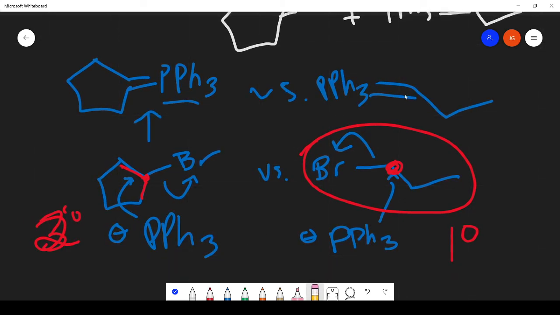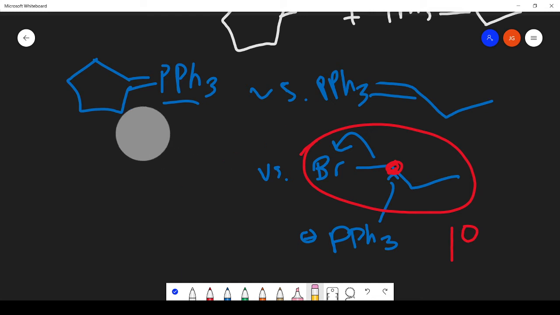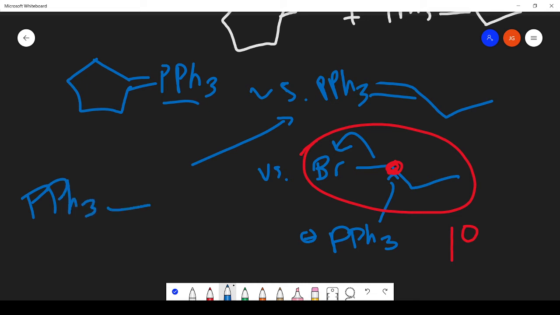You might ask, well, okay, but SN2 reactions don't form double bonds, and you're correct. SN2 reactions do not form double bonds, which is why you can write this differently. You can write this like this. So PPh3 single bonded to a carbon, but you're going to give a positive charge to the PPh3 and a negative charge to the carbon it's attached to.